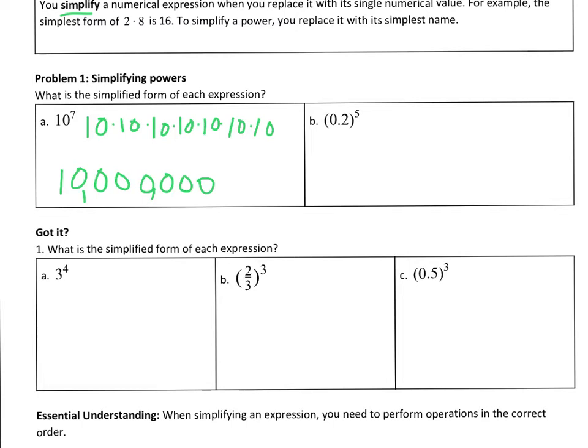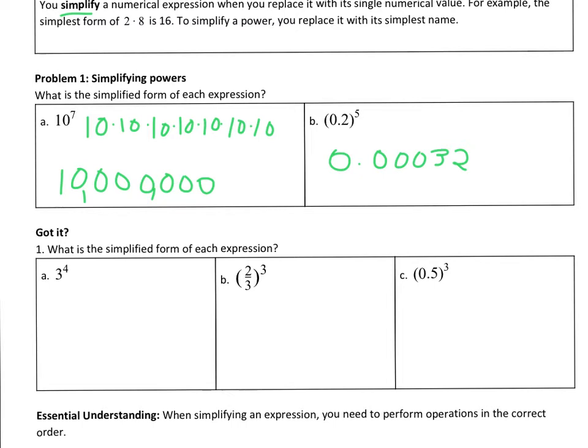So you think 10 times itself with 7 factors of 10. Okay, next one, 0.2 to the 5th power. We could rewrite that repeated multiplication, but this is a nice thing to use a calculator for. And I can show you how to put that in a calculator. 0 point, 1, 2, 3 zeros, 3, 2. And that is simplified, okay?